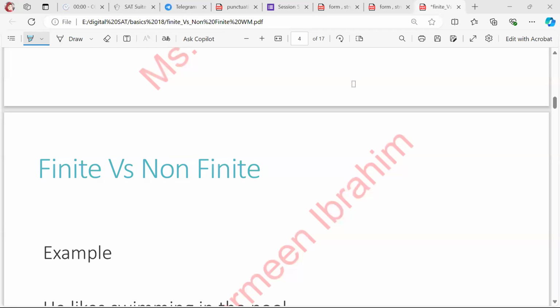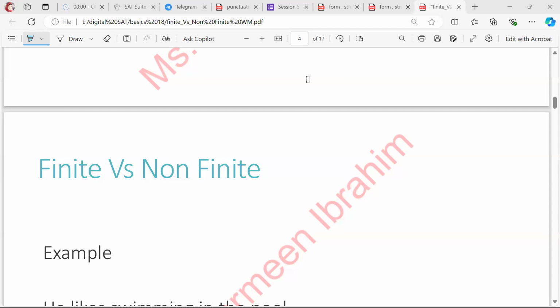Tell me one condition of the 3 that I mentioned that can decide whether the verb is finite or not. It acts as a main verb. Amazing. It acts as the main verb in the sentence. What else? Do you know something else?